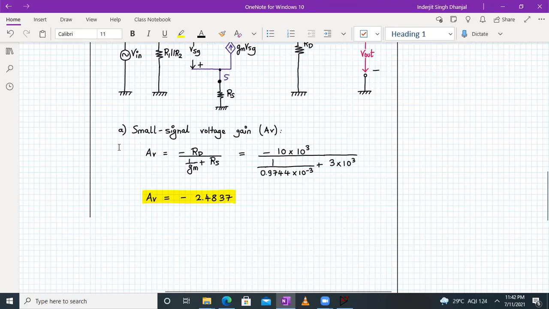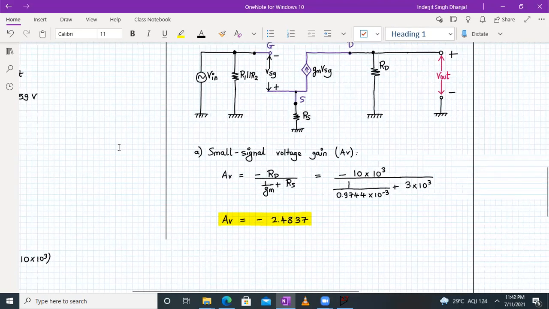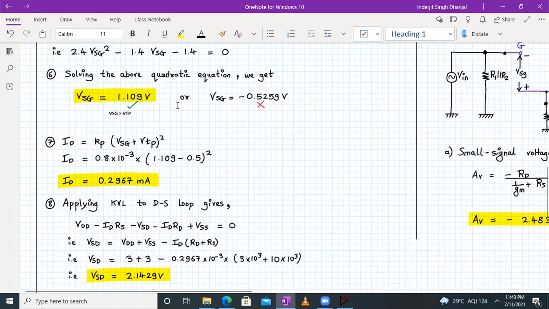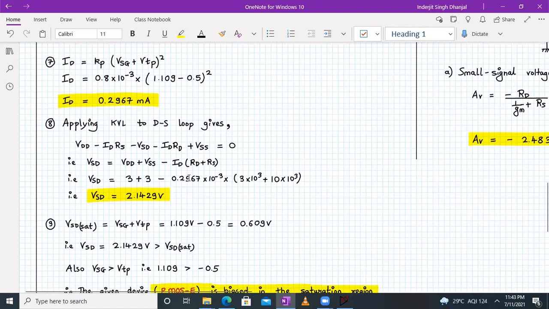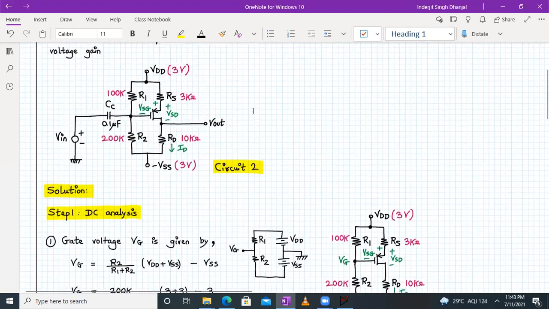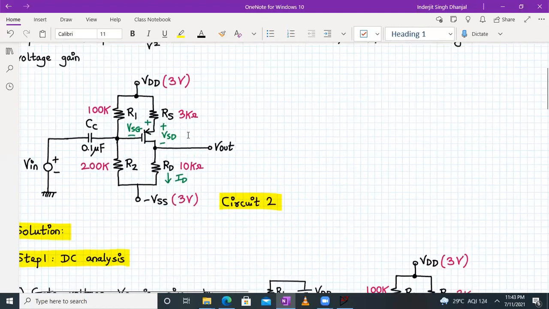So with this, we have completed our analytical calculations using all the formulas. So small signal voltage gain and the DC parameters VSG, ID and VSD, we have estimated. Now what we will do is, we will simulate this in LT Spice and we will verify all the values.